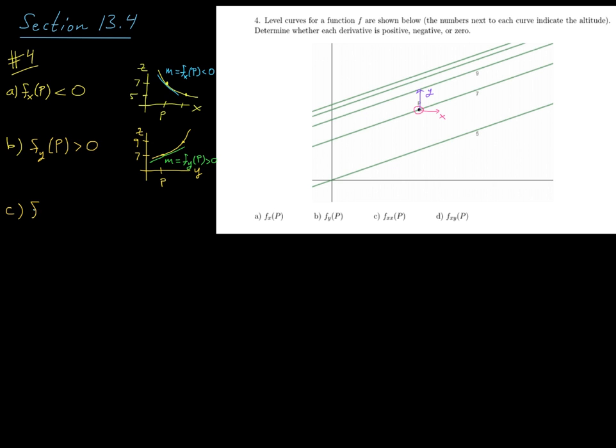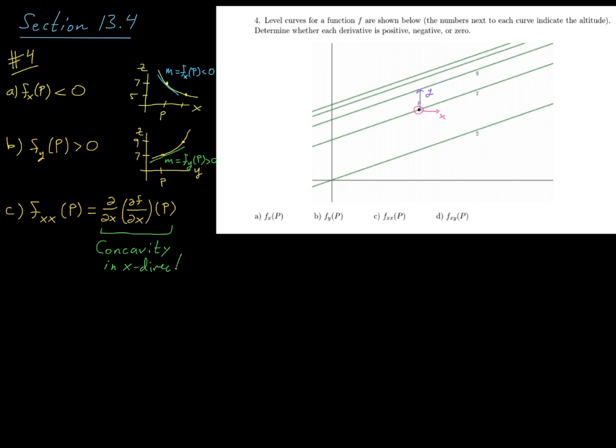For C, it's the fxx derivative at P, which we've defined to just be the x derivative of the x derivative of our function f evaluated at P. In the last video, we said this is just measuring how our slope in the x direction changes as we move in the positive x direction, and that's equivalent to asking about the concavity of our surface in the x direction.